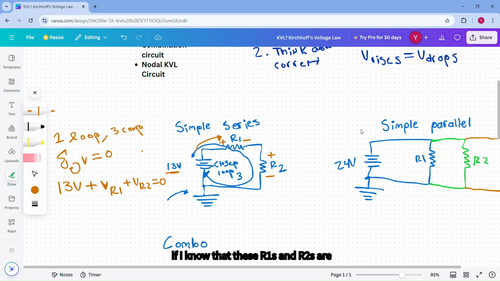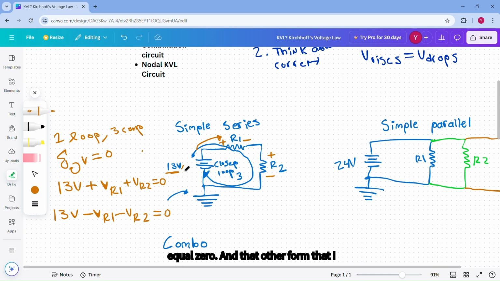So if I know that these R1 and R2 are going to be dropping as compared to my source, which is providing the 13 volts to my circuit, I'm now going to model it as 13 volts minus VR1 and then minus VR2, and this is going to equal 0.